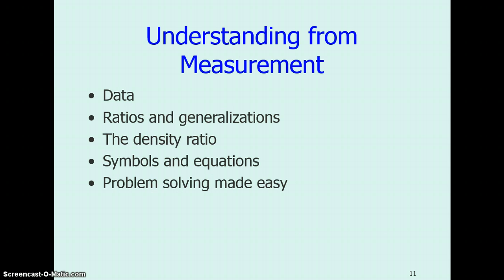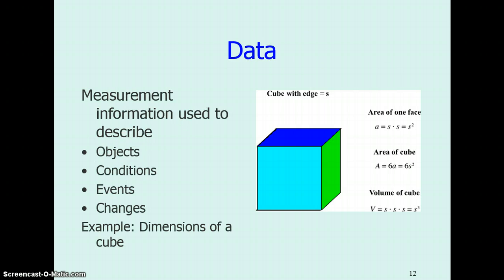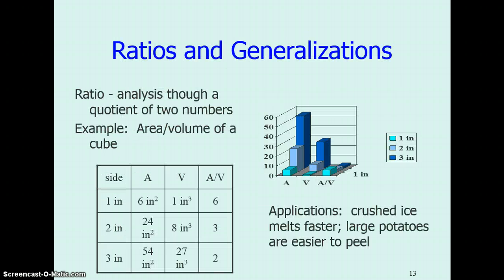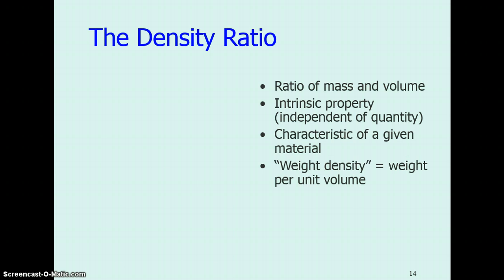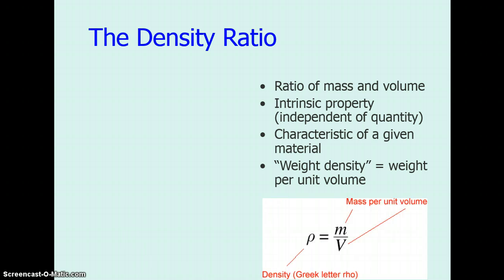Let's see, understanding measurement. Skip these. A lot of times people think about science as just collecting data, which is a good portion of what we do. But it's also analyzing the data.